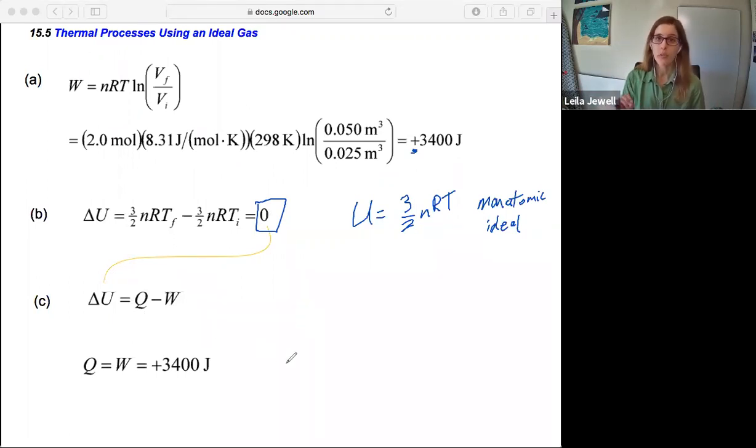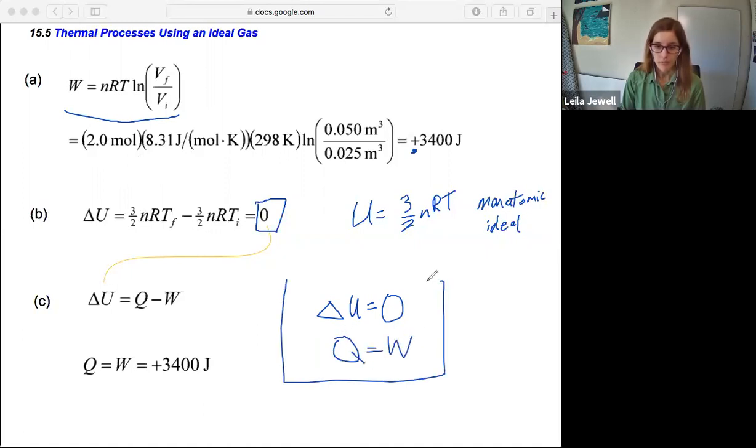This is a general result for isothermal cases: we know the work is this equation, and the delta U must be equal to 0 because the temperature doesn't change, and the change in internal energy just depends on the temperature. And so then the Q will always have to be equal to the work, which we already know the equation for. So that's super handy. All right, so this is an example for isothermal.